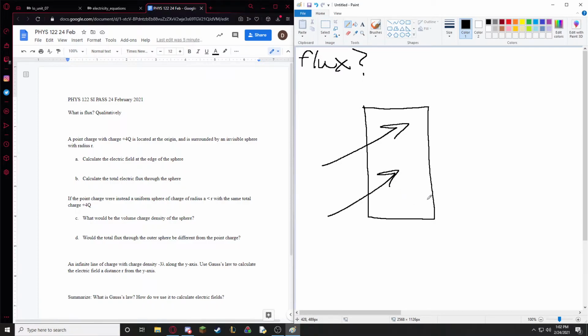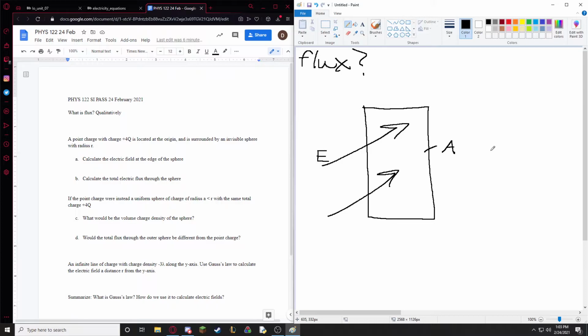How is the flux related to the electric field and this area A? What exactly is flux? Just give me your best shot.